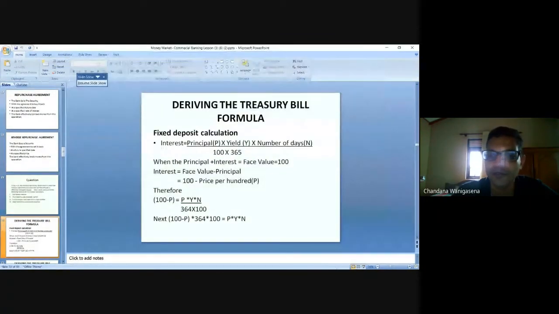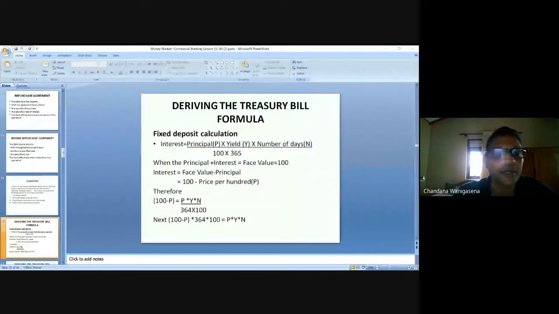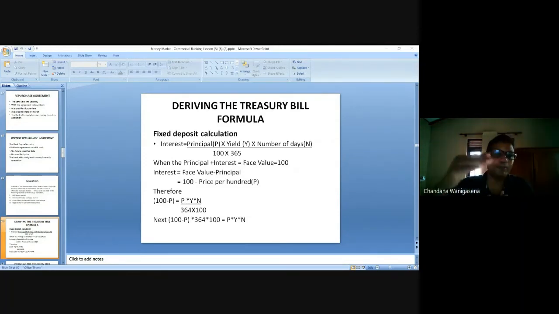We know from the earlier formula that face value is 100. So we substitute face value with 100, and interest equals 100 minus the price per 100, which is the principal, right? And in the earlier equation, principal, yield, number of days, and 100 into 365, that part we can equate on both sides.